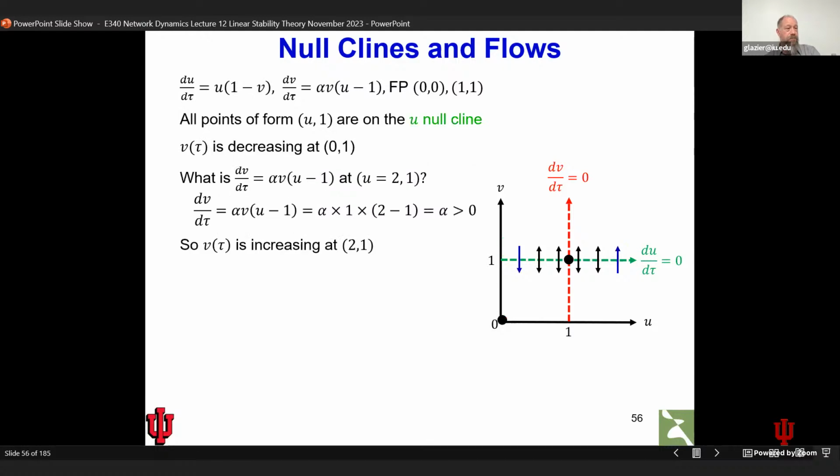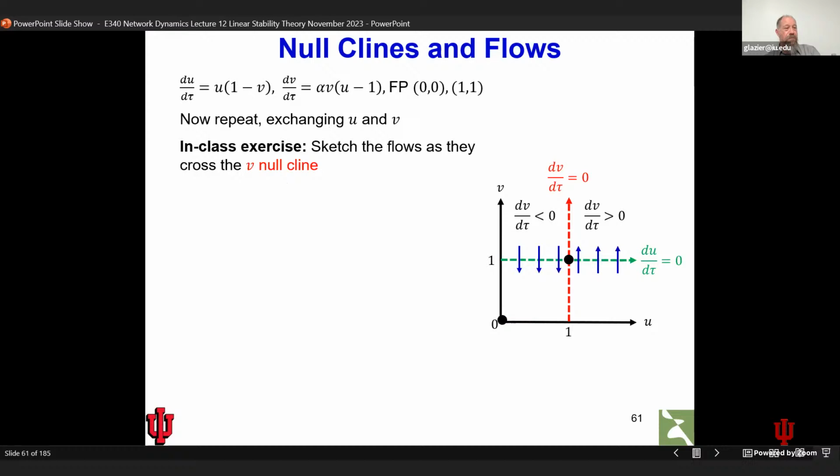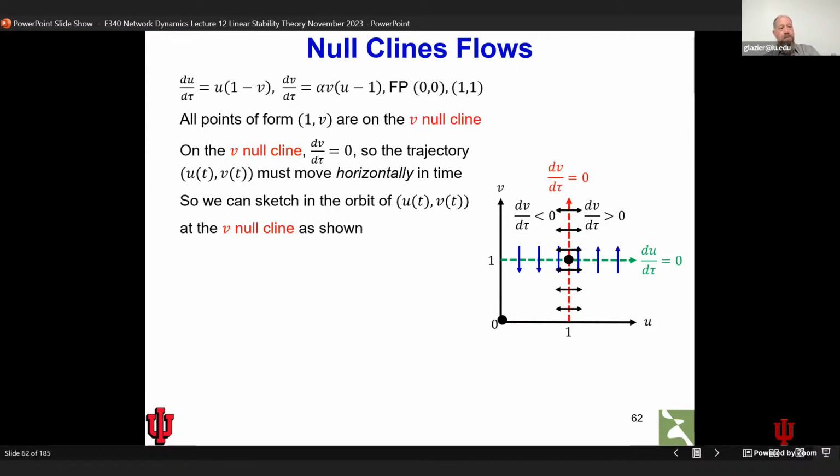Similarly, for the v null-cline, I have horizontal lines. And so now I know that along that vertical red line, the flow is horizontal.